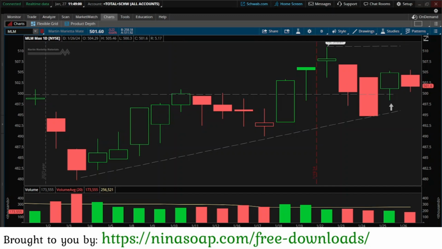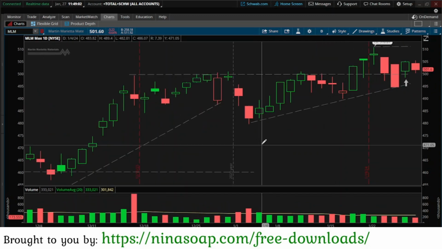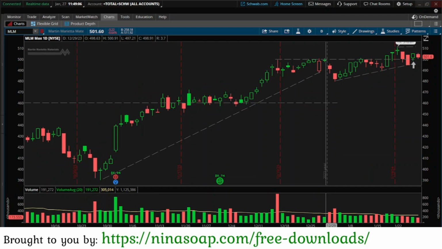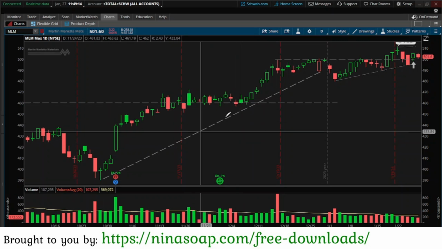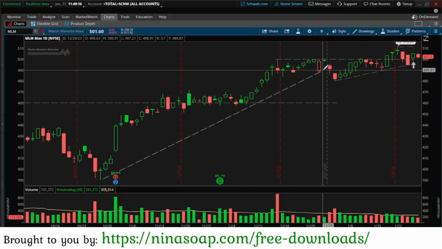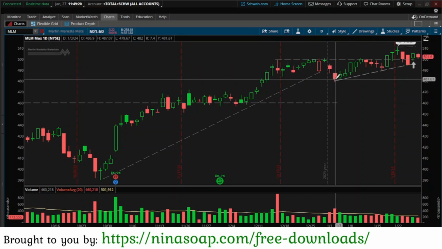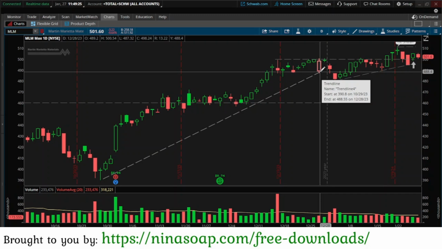So let's see what is going on here. Okay, let me go back down again. We created this trend from here to that low. That trend ended there because it created a new low that is lower than the previous low.